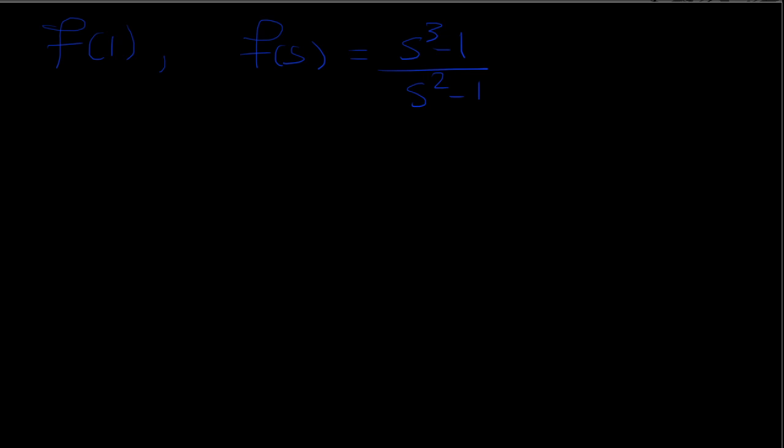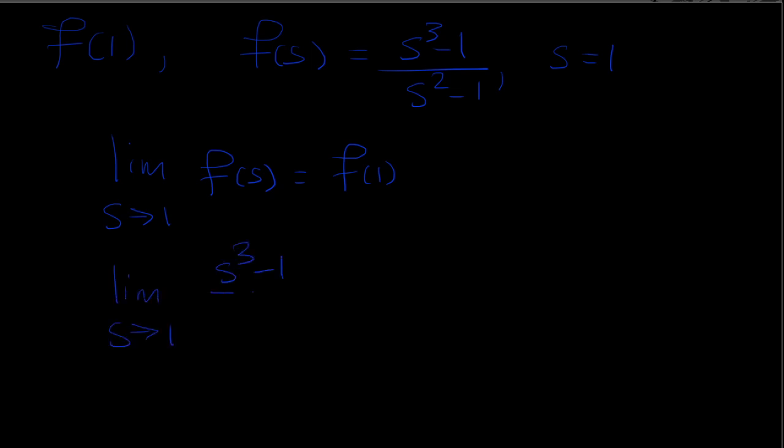So this has to be continuous at s equals 1. So we want to set this equality. We'll say the limit as s approaches 1 of f of s has to equal f of 1. Now f of s is s cubed minus 1 over s squared minus 1.